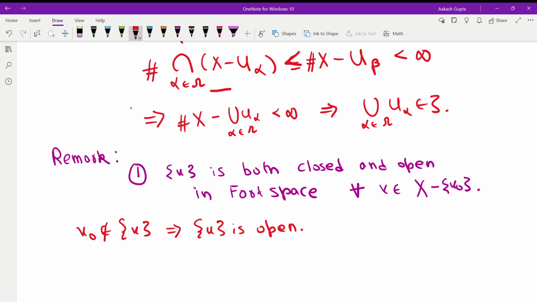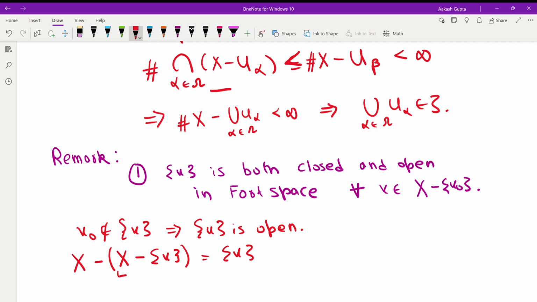So what is the complement? If you take the complement of singleton x and then you take its complement, what is this? Singleton x only, right?